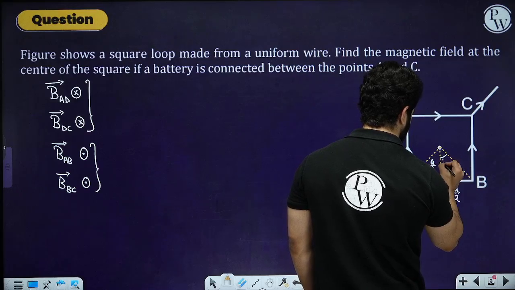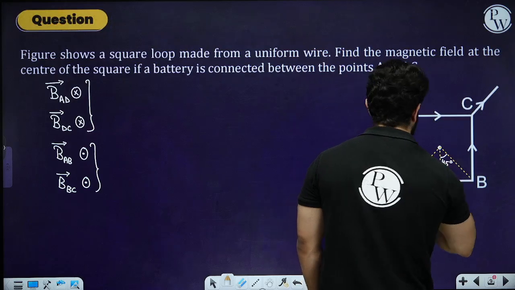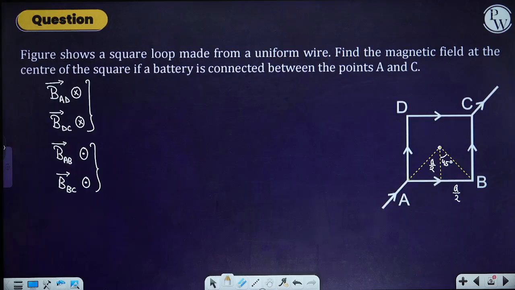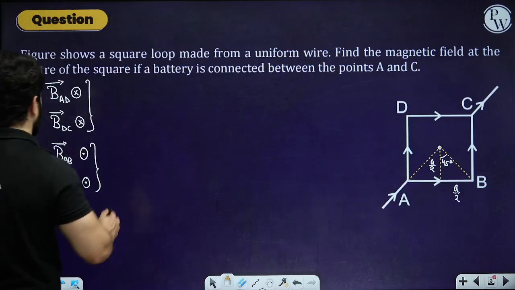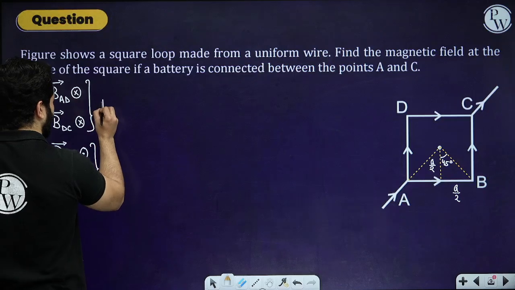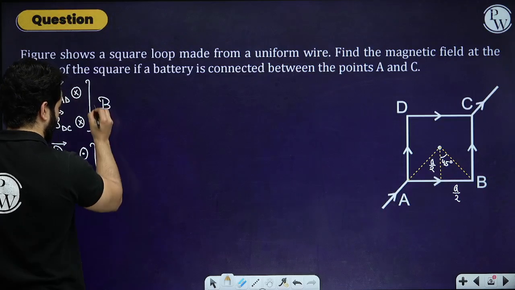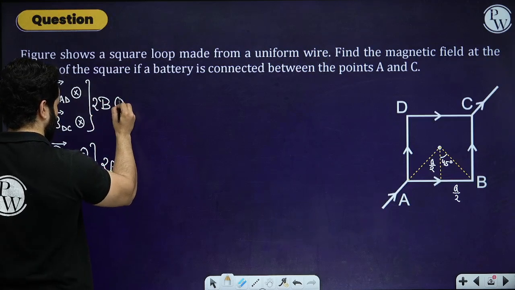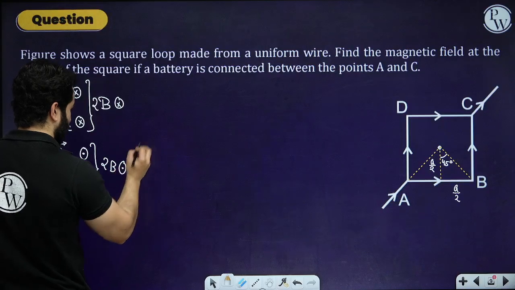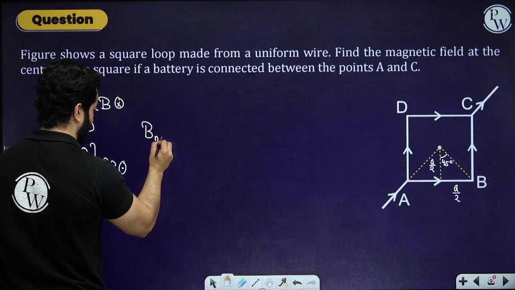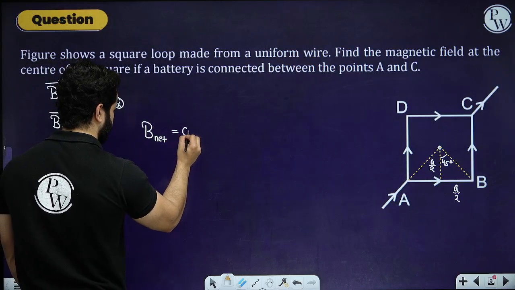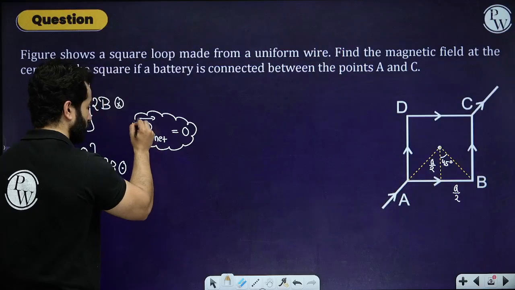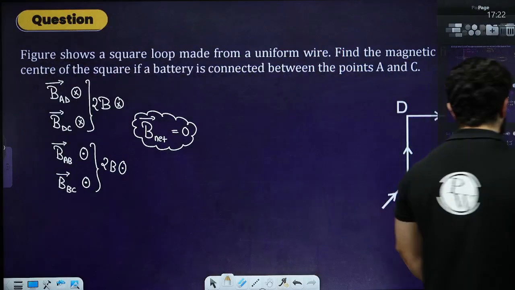So this angle is going to be 45 degree. Hopefully everything is clear till this point. So both of these will have same magnitude as B. This will be in cross. This will be in dot. So the net magnetic induction is going to be 0. Very easy thing. Hopefully no doubts. Let's move on.